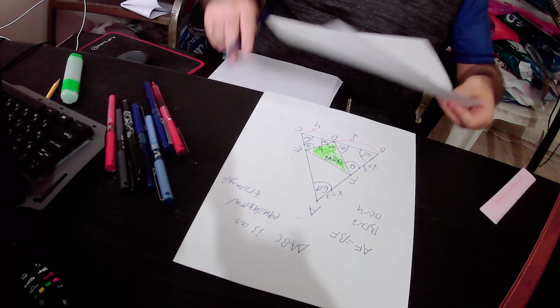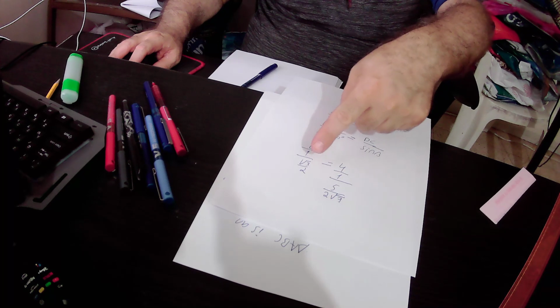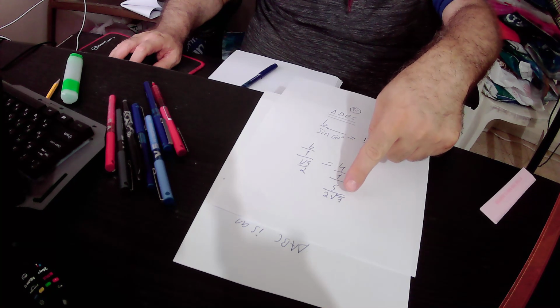Okay, in total we got that b over root 3 over 2 equals 4 over 5 over 2 times root 7.